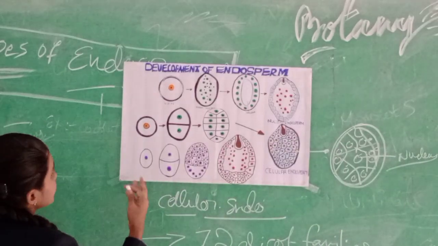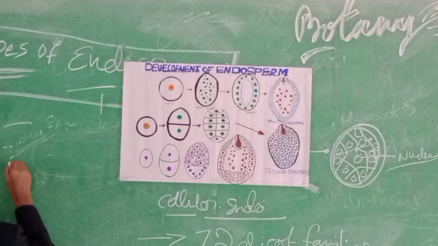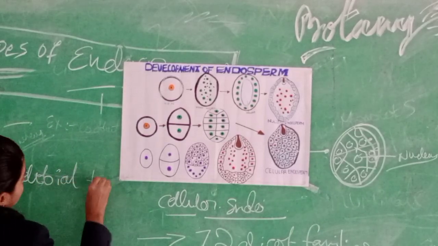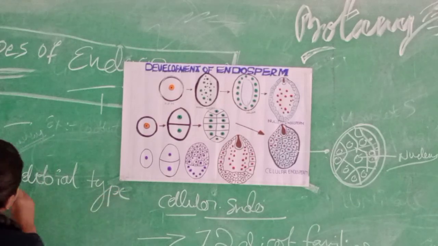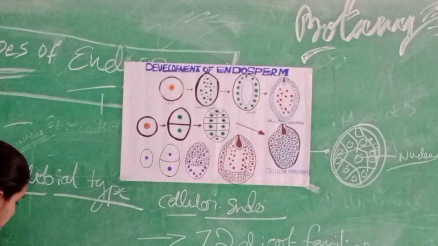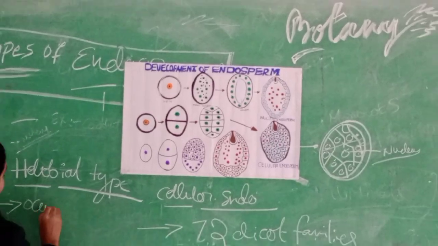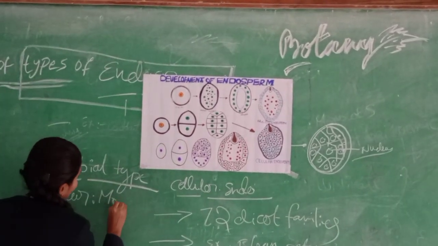The final type of endosperm is the helobial type. This type is majorly found in monocotyledons.